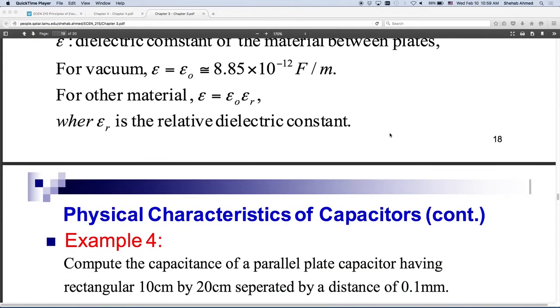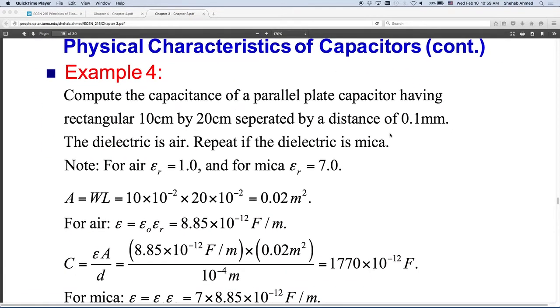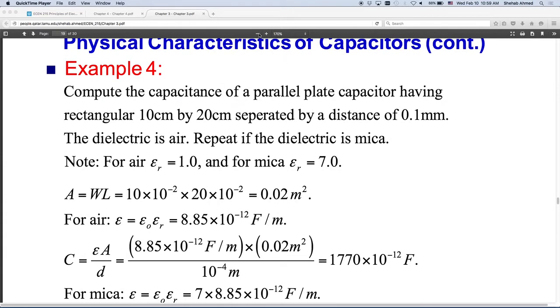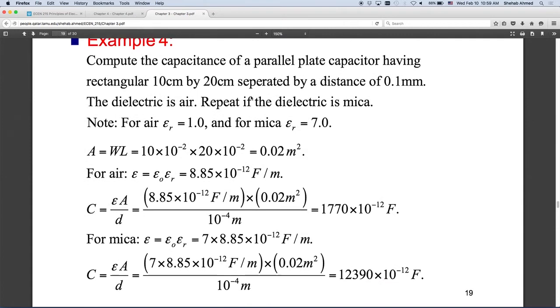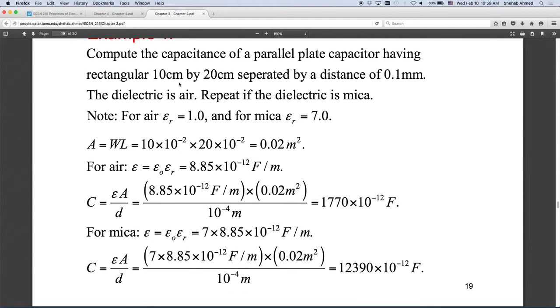So the next slide is basically a direct application of this equation. They give you two plates with a certain area and a certain distance between them, and they have two different dielectrics in there. One time they tell you, okay, consider the dielectric is only air. Other time they tell you to consider the dielectric is mica, with a relative dielectric constant of a certain value.